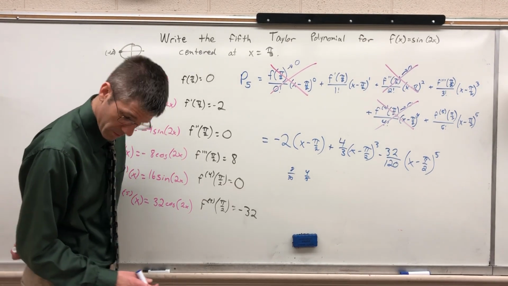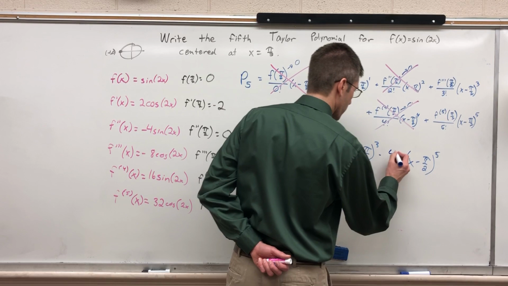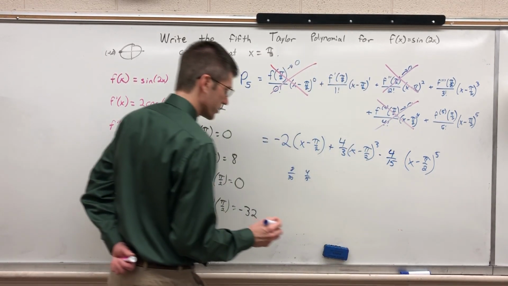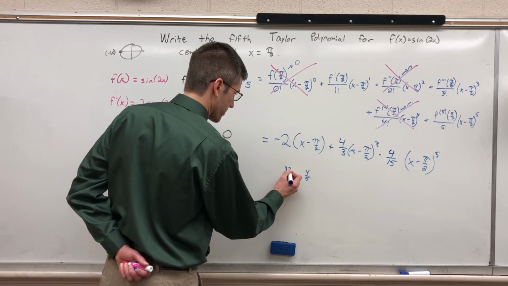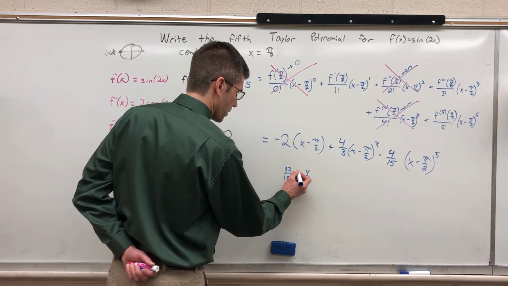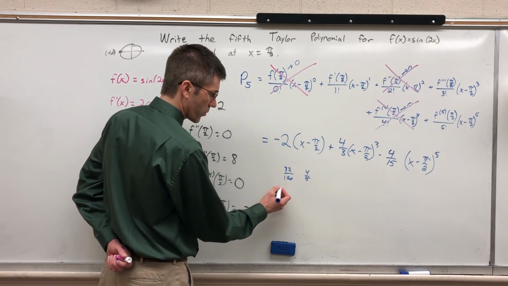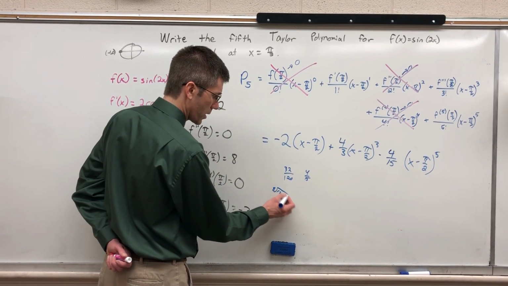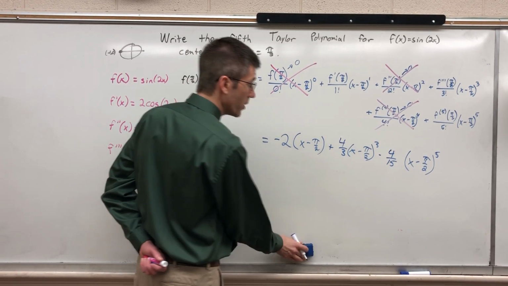I didn't even reduce it on my paper. So we're going to go with that. 4 over 15, and I want to double check that one more time. So bear with me as I'm double checking my work. If we divided the top by 8, we'd get 4. If we divide 8 into 120, we'd get 15. Yep, it's right. There we go, we found it.